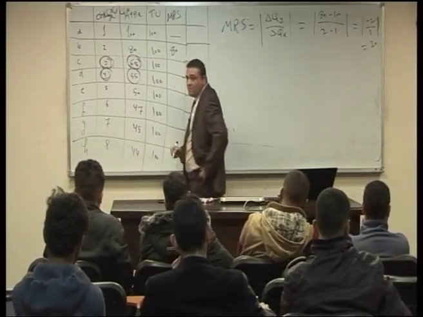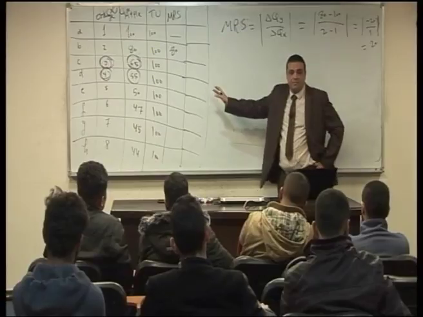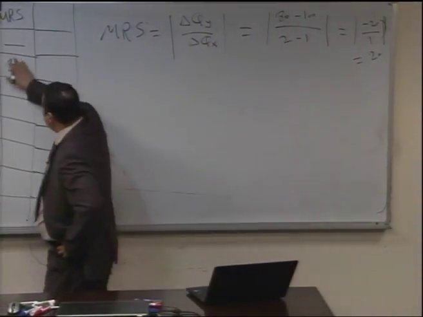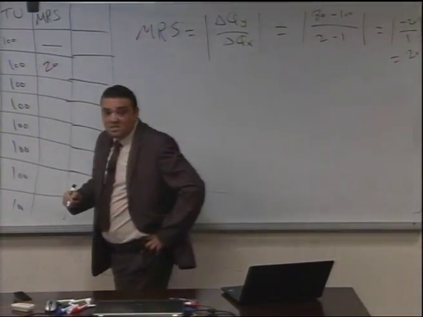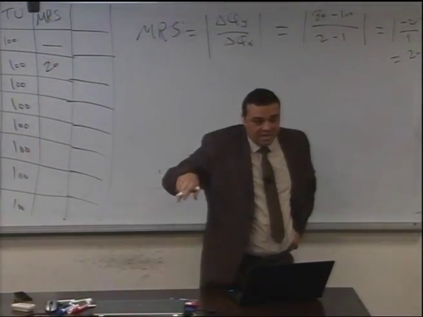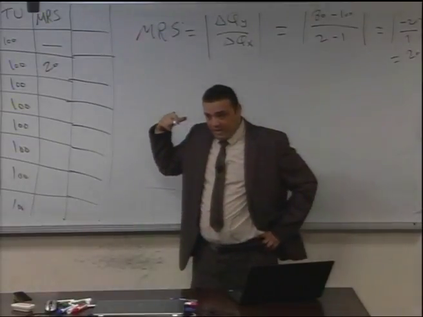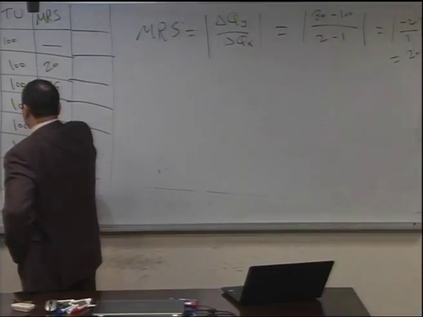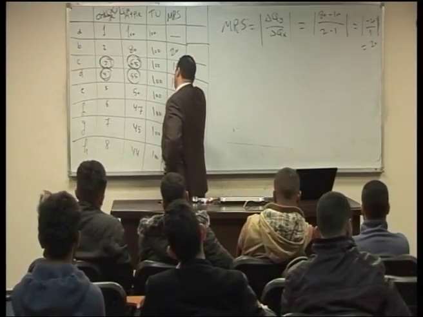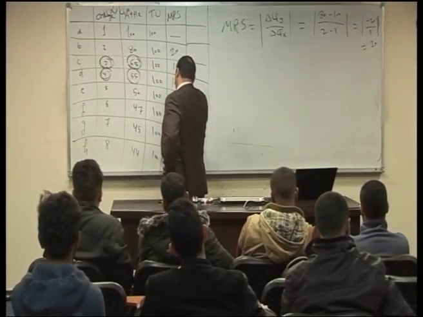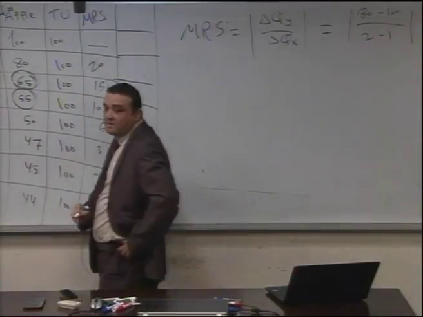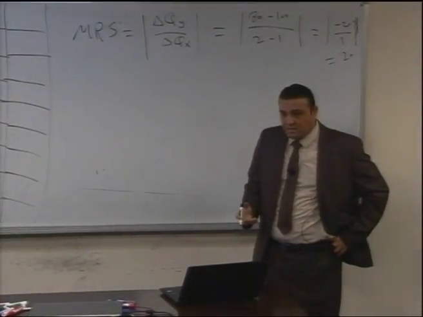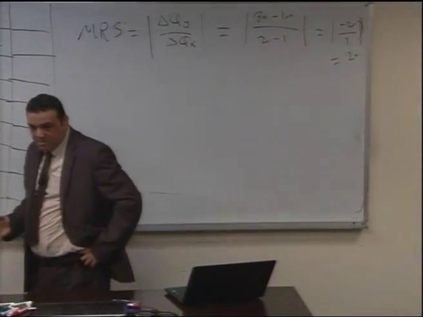It's always negative because it represents the negative slope of the indifference curve that will be derived here. And then 15, 10, 5, 3, 2, 1. Here we have the law of diminishing marginal rate of substitution.